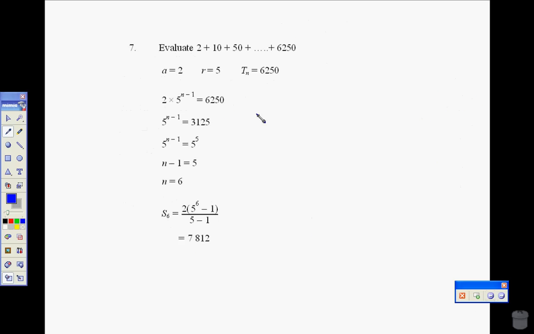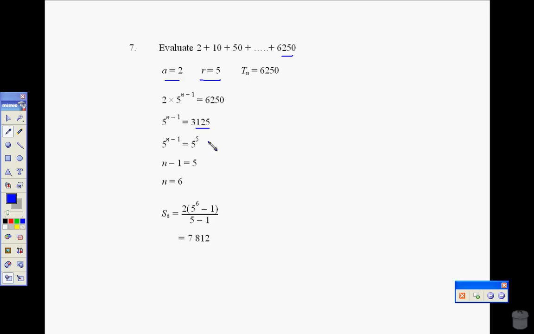Again, this relies on us finding which term in the series 6,250 is. We can see a is 2, r is 5. Set our formula up for the nth term of the series. We're solving down. We know 3125 must give us a whole number. If it doesn't give us a whole number, it doesn't work, it doesn't give us a series, so it can't be a term in the series.